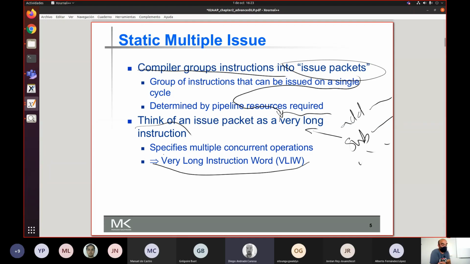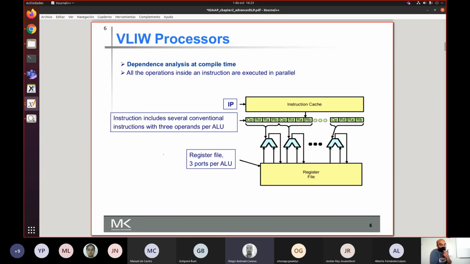Okay, and this is an illustration of just the IF (instruction fetch) and ID (instruction decode) stages of one of these very long instruction word processors. Okay, so what you see here is that from the instruction cache, we are going to get the encoding of one of these instructions.